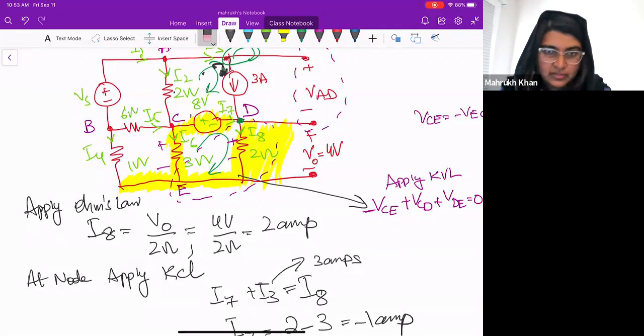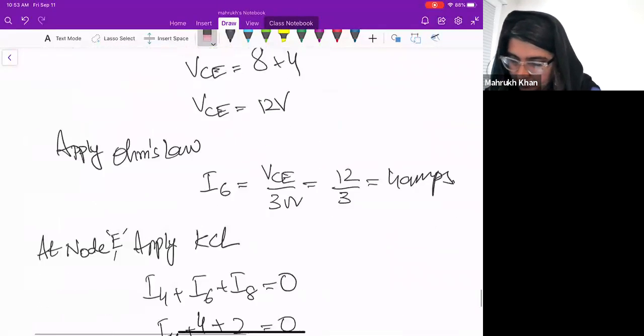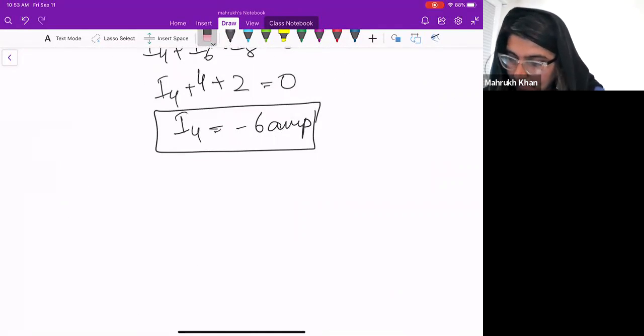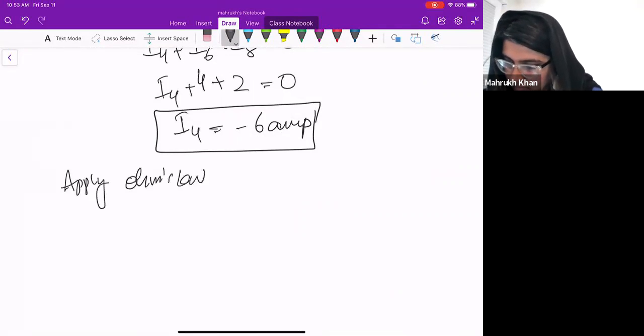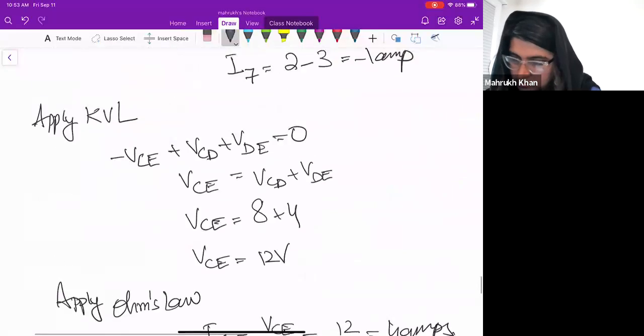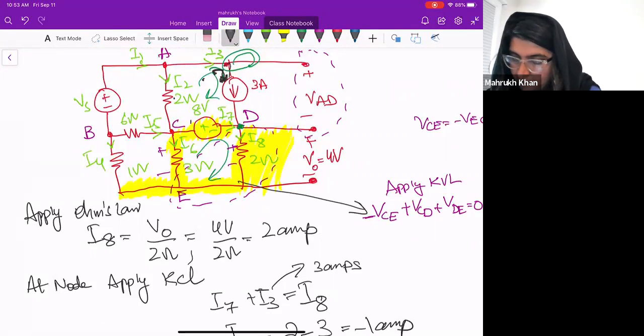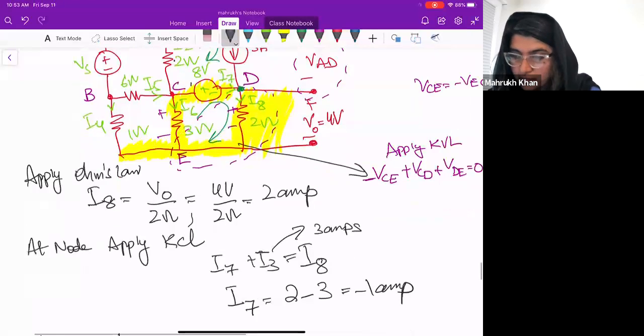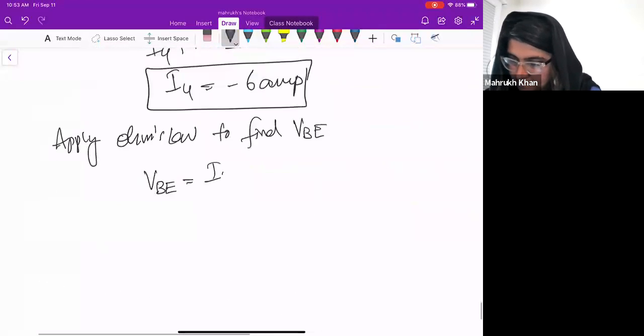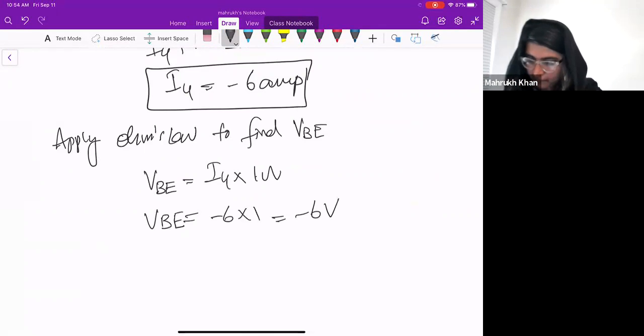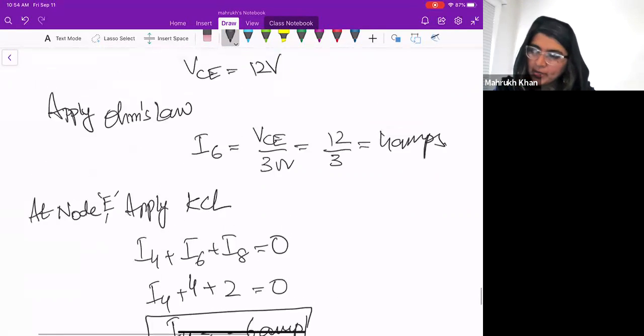So let's try to find VBE. Apply Ohm's law to find VBE. So VBE is I4 into 1 ohm. Okay. So now I know VBE.